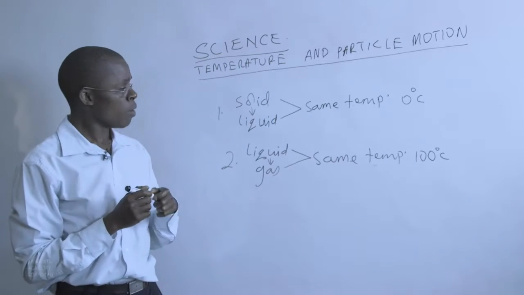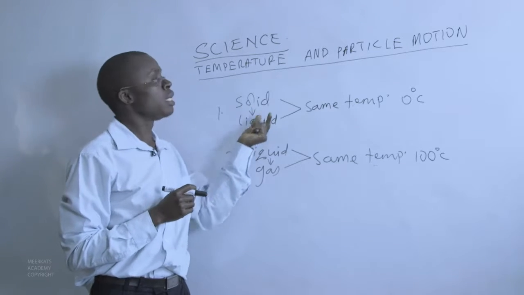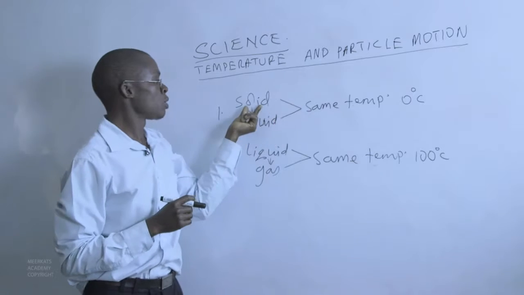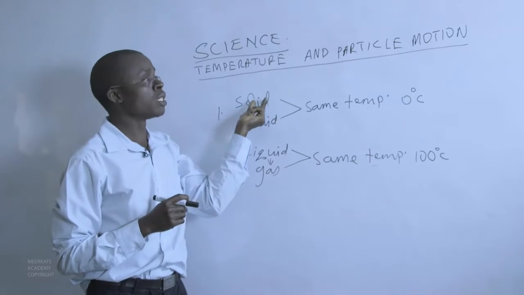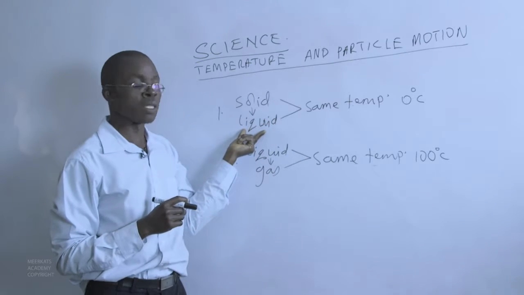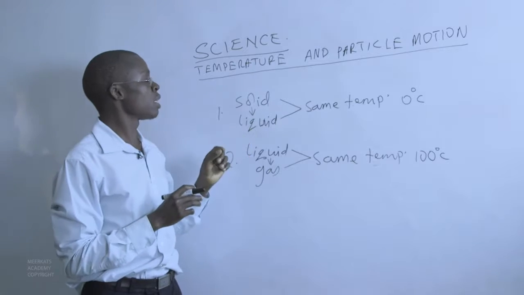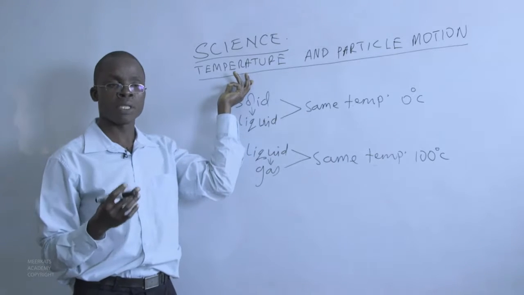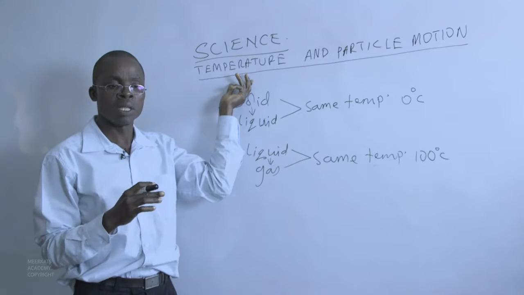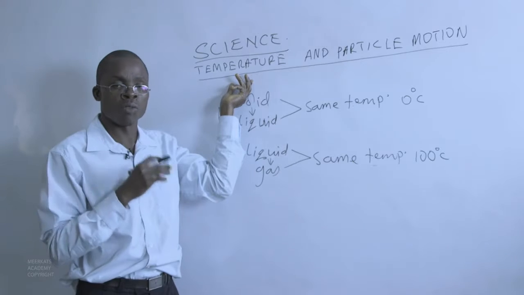Now, when you look at these two states of matter in terms of motion, this solid has particles, and these particles need to move. This liquid has particles, and these particles need to move. And you have just said that temperature is a measure of how much kinetic energy a particle has, or how fast the particle is going to move.